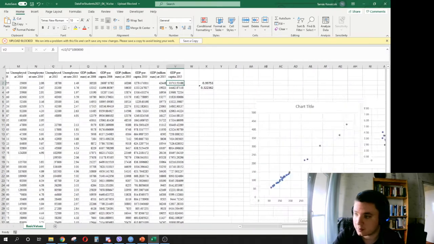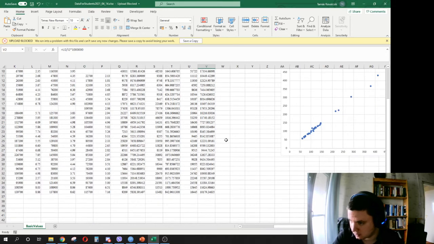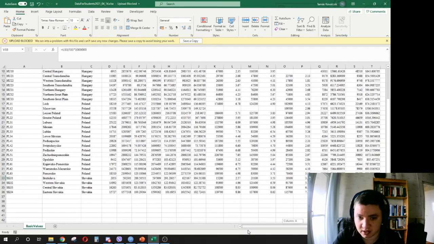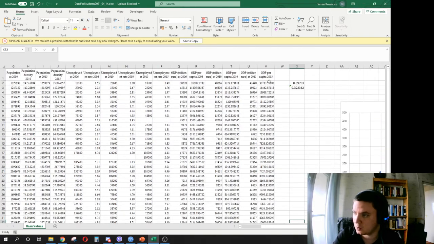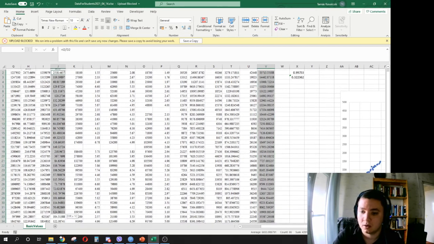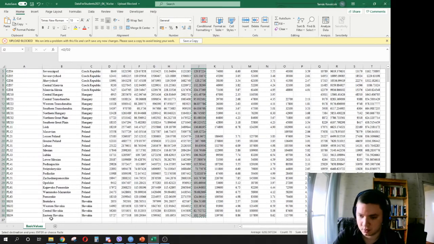Looking forward, Prague is the outlier, and Bratislava, the two capitals, the capital of Slovakia and the capital of Czechia. So we have to make a copy and open a new sheet.